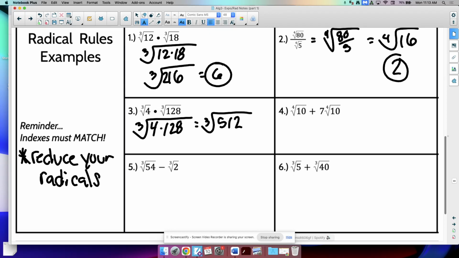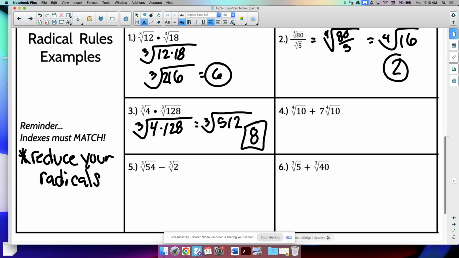Then reduce. Look at what list. So what list do we have to look at? The 3 list, is 512 on there? What does it turn into? So it's not always going to be the case where they turn into nice numbers, but the idea is you just reduce your radical.